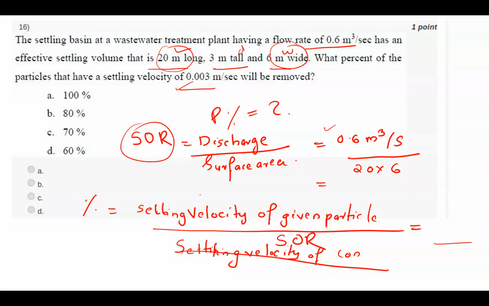Discharge is given, and here we have to calculate the surface area, then you will get meters cube. Yes, 60 percent is the right answer.